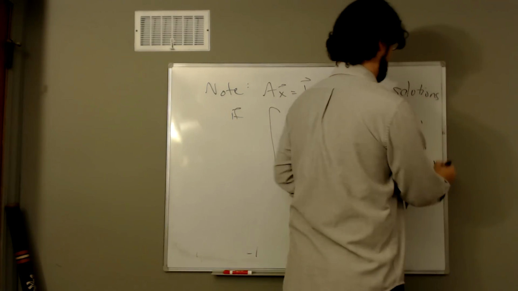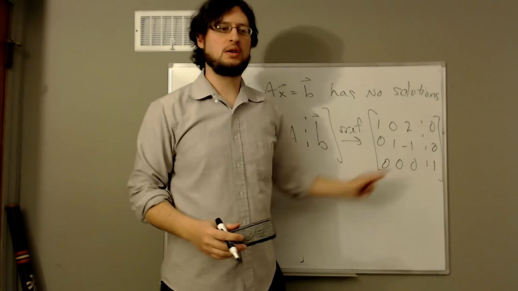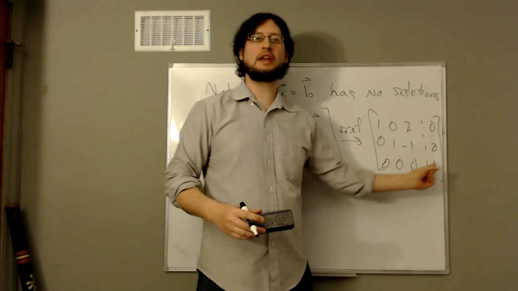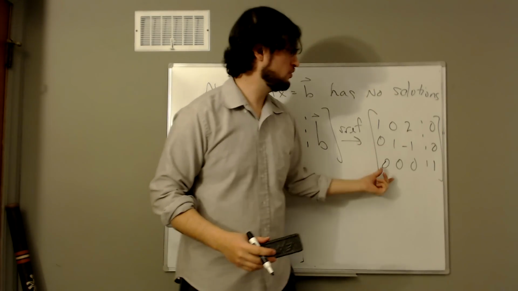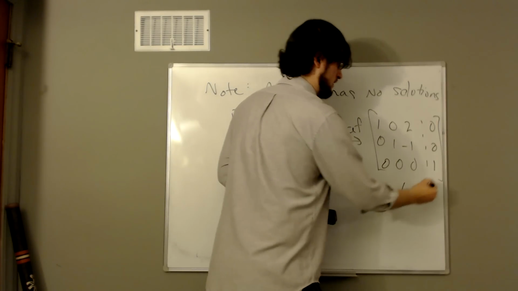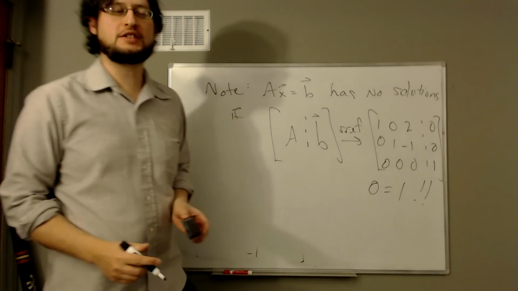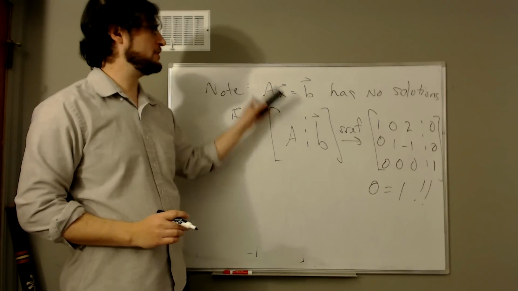Remember, if the final row reads 0, 0, 0, and then any other constant. Maybe there's even more zeros. But if the final row yields 0 equals 1, that doesn't make any sense, so it's inconsistent.